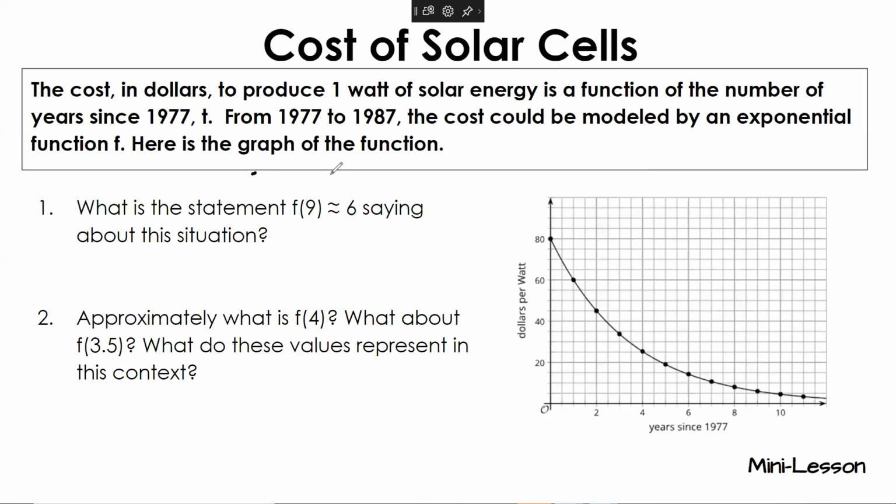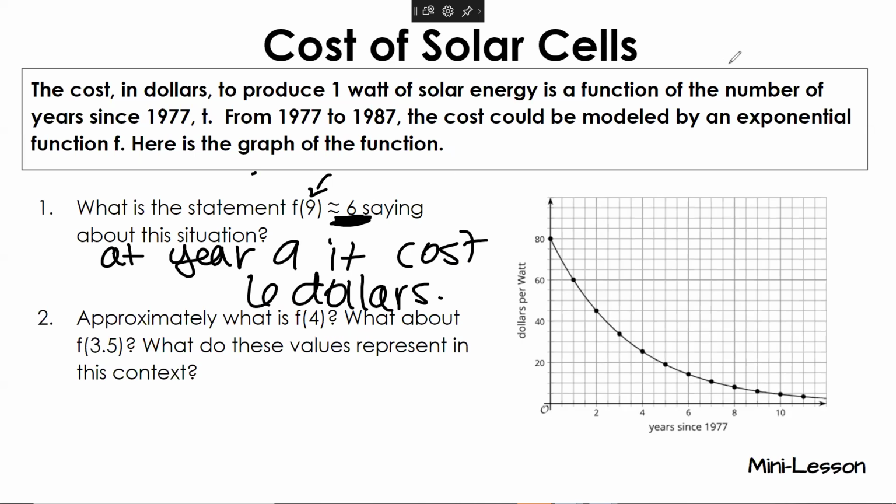Okay, first of all, what does this 9 represent? What does a 9 represent? Not the cost, the years. So at year 9, how much did it cost? Okay, it cost $6.